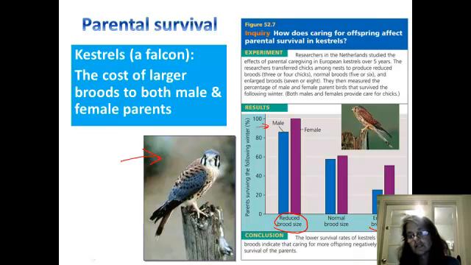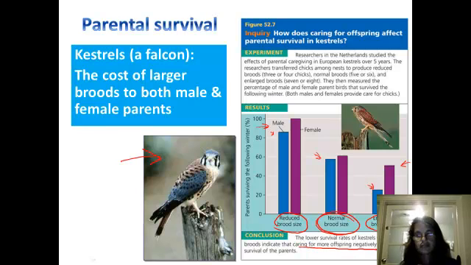But if we increase the brood size, lots of babies at a time, past what's normal, then we can see that the parent survival rate goes down dramatically. So this normal brood size is kind of trying to strike a balance between we have a fair amount of babies and we don't kill off our parents and so on. And notice that, again, the males have a lower survival rate than the females.